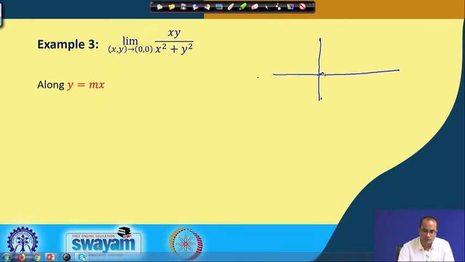So, we are approaching this point along different straight lines. The slopes of these straight lines are different. So m can take any value and then we are approaching the point (0, 0) along these straight lines.